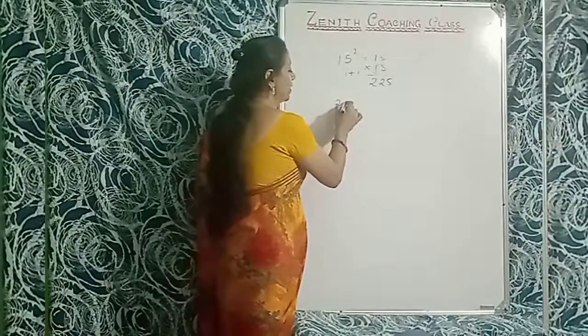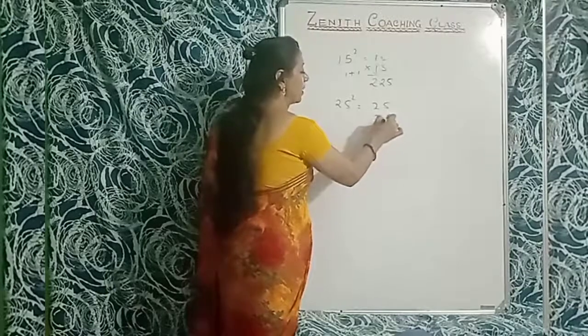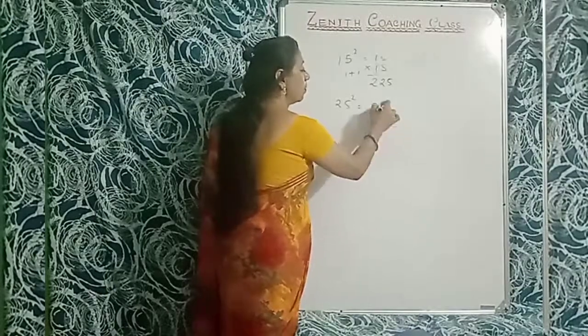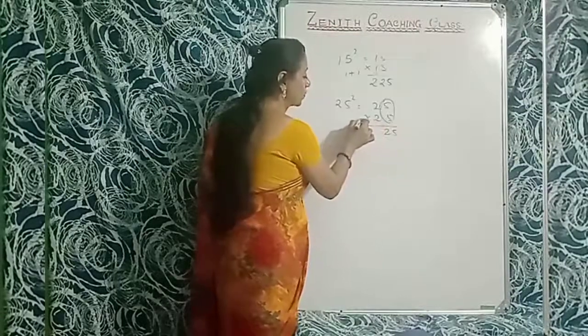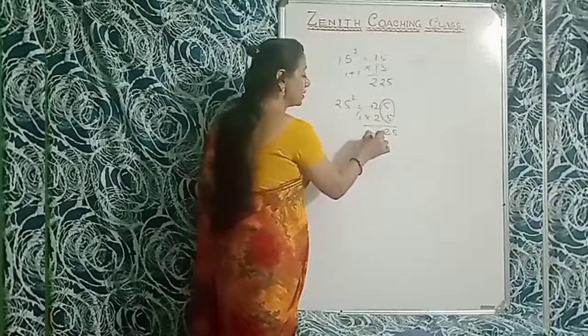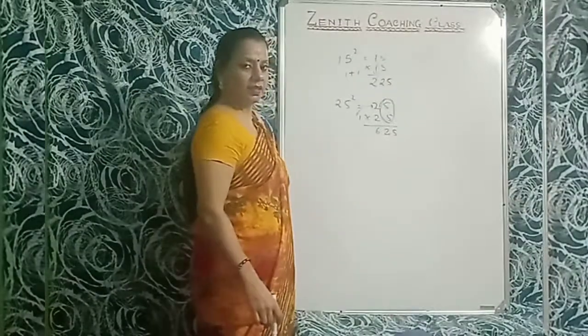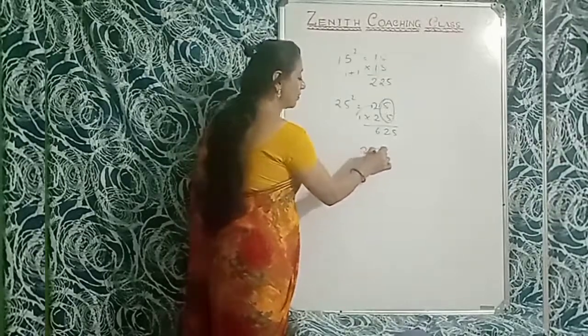Then 25 square. So 25 multiplied by 25 you have to do. So 5 multiplied by 5 is 25. Now 2 plus 1, that is 3. 3 multiplied by 2 is 6. Easy process. Then you will write 35 square.